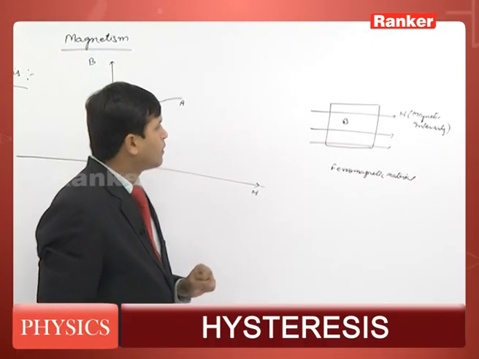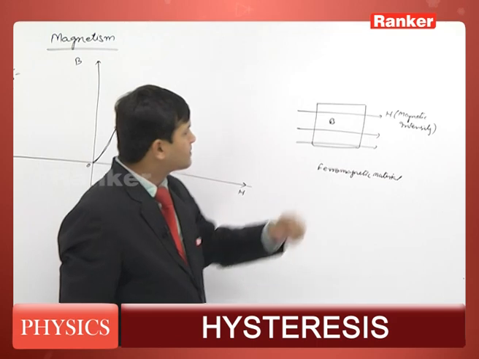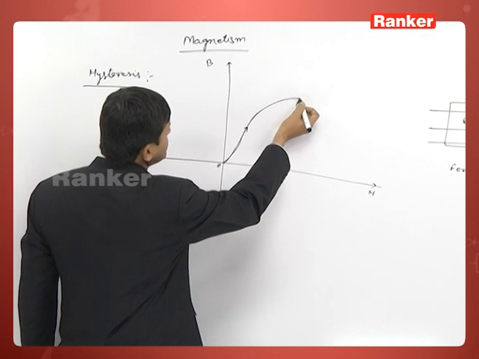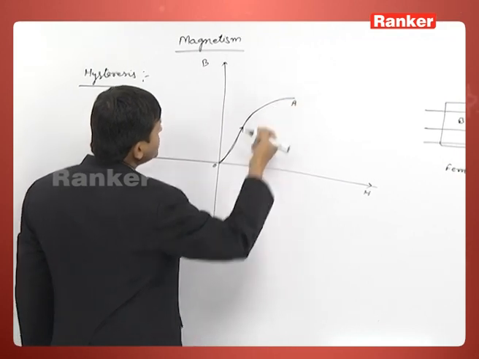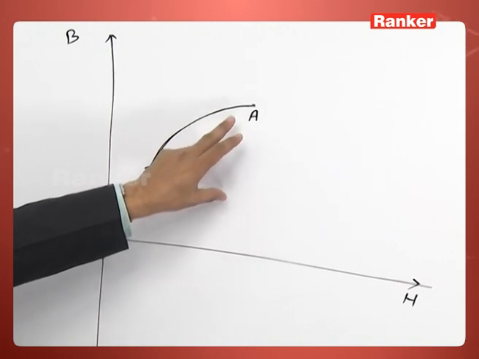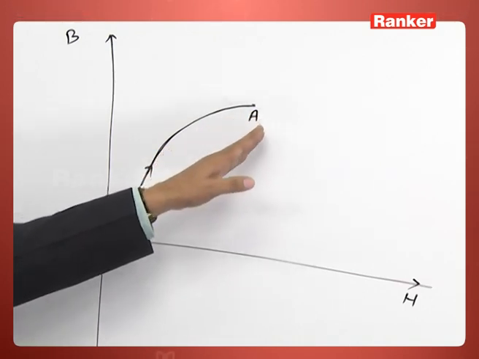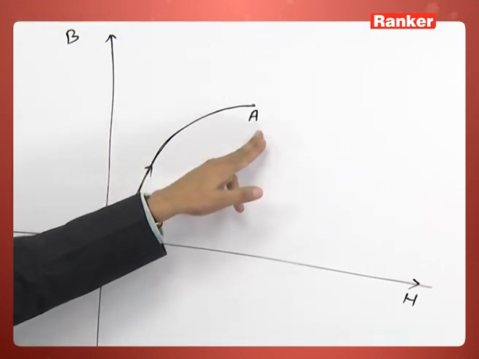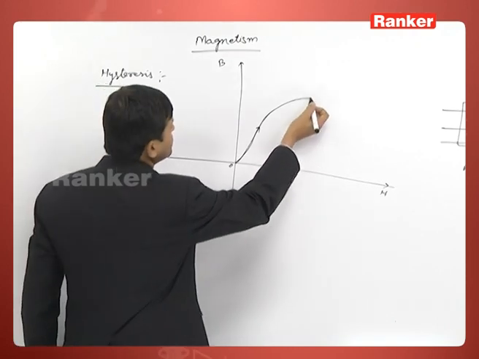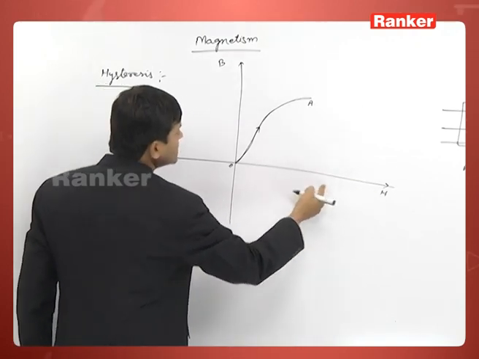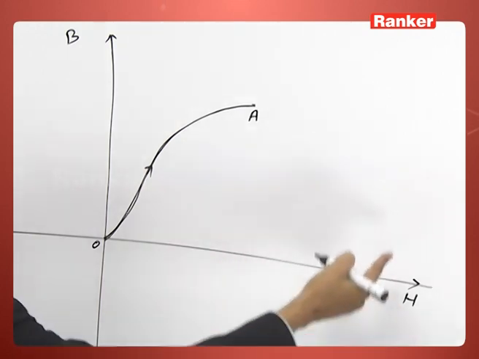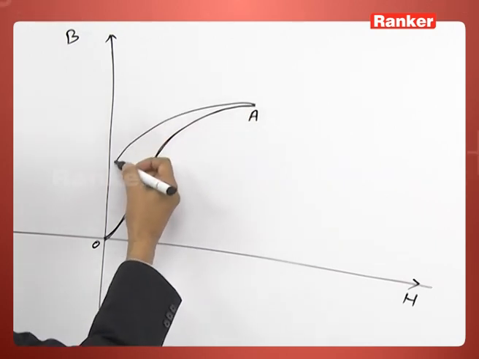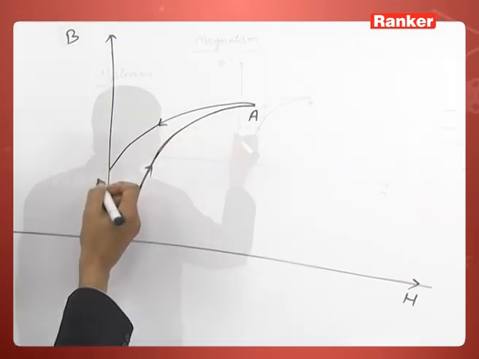Now, if I am decreasing the value of H, the graph will not follow the same path as it was following from O to A. It will follow some different path, and even if we decrease H to 0, meaning finally no magnetizing field, there is still some magnetic field left here.